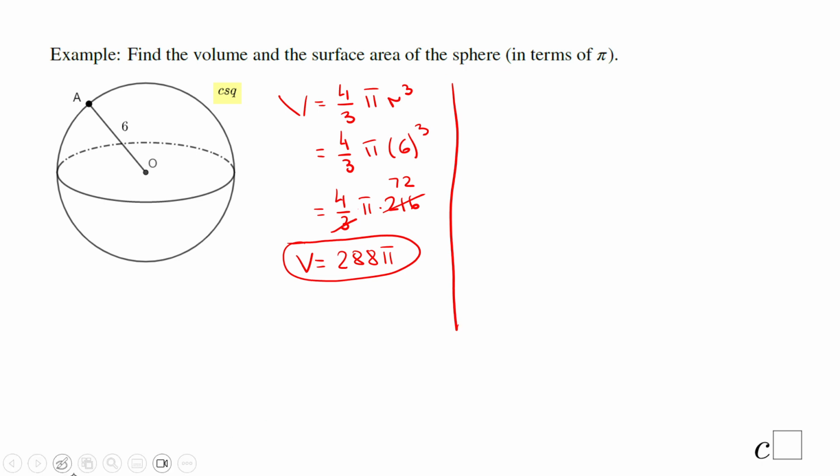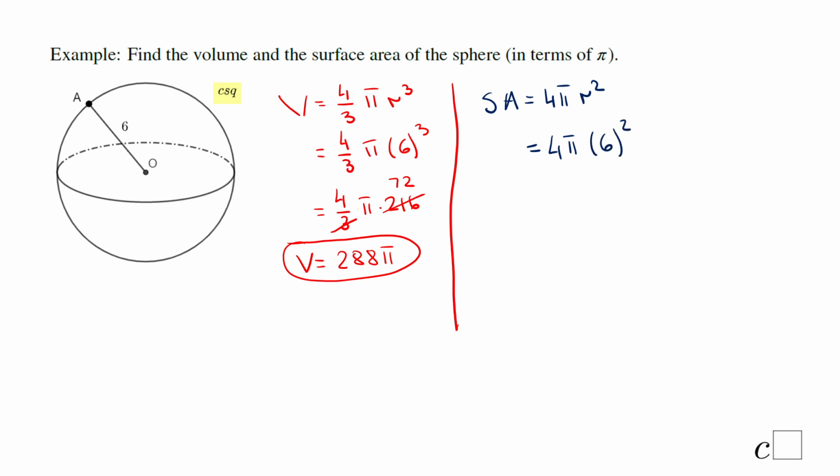Now let's take a look at the surface area. Surface area, if you remember, is 4 pi r squared. A way to remember: 4 times the area of the great circle. 4 pi, and again the radius is 6 squared.